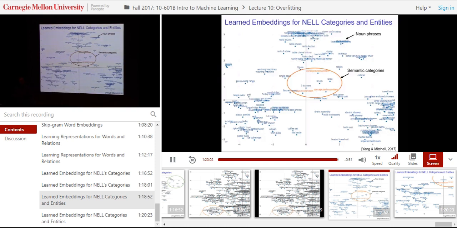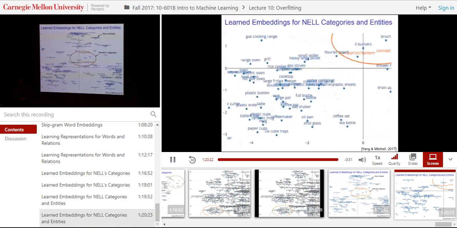You might find the brush is kind of related to both of those things. So this is the kind of semantic embedding that we get. And again, at least for the relation is-a, these vectors learned jointly with the relation are able to provide 88% accuracy classifying new items.